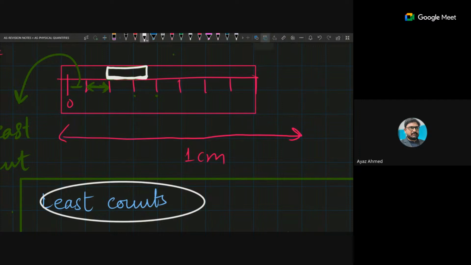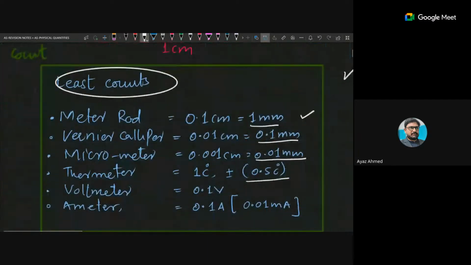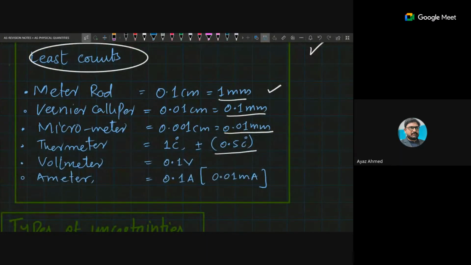When we use the meter rod twice, it means we are adding the uncertainty of the instrument two times in one measurement. Here the least count of different instruments is represented to you.